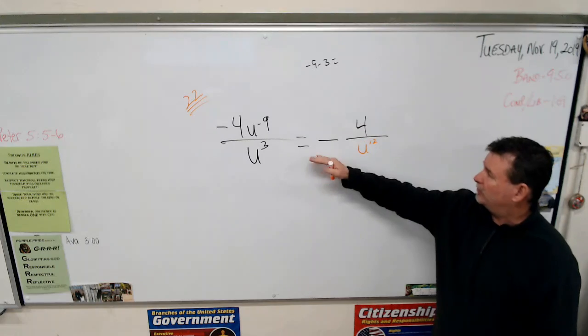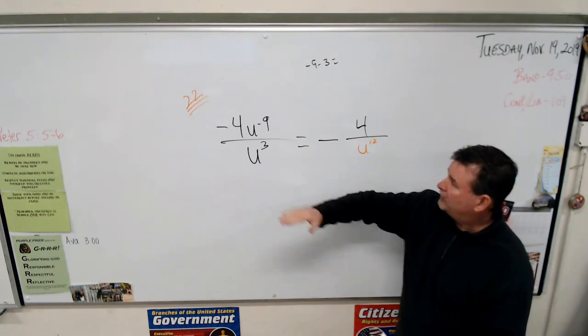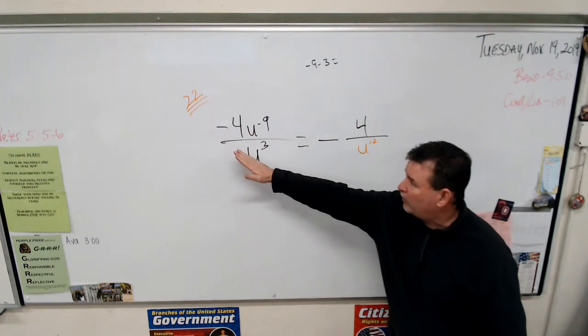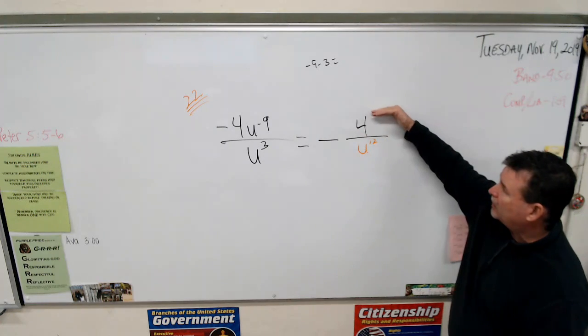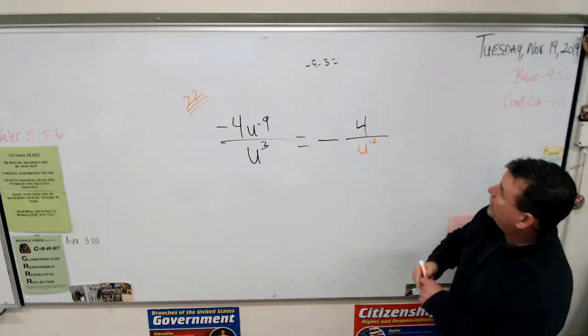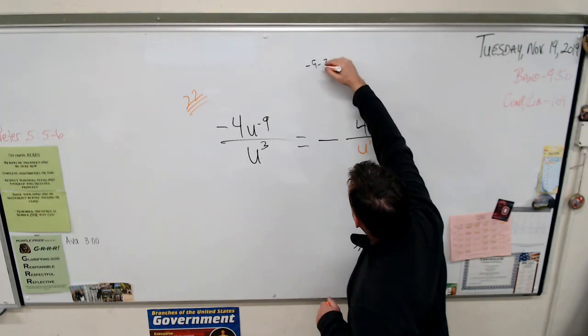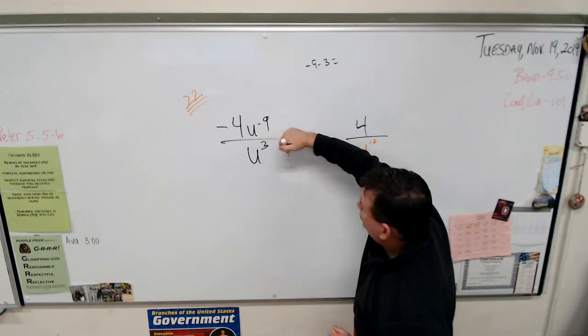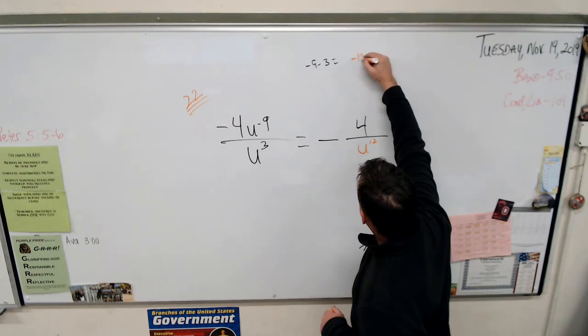The 4 stays, the answer is going to be negative. You've got a 4 in your numerator and a 1 in your denominator, so this is a 4. How do we get u to the 12th in the denominator? Because negative 9 minus 3 gives us negative 12.